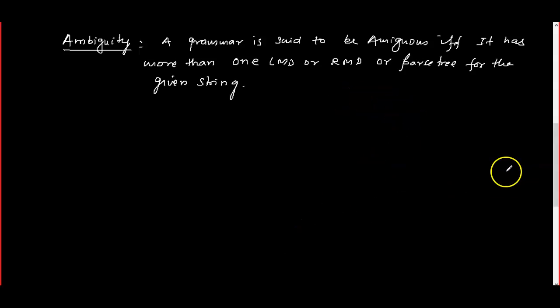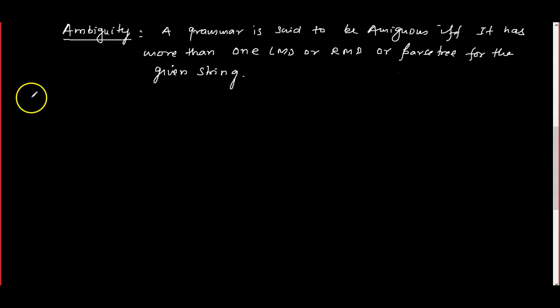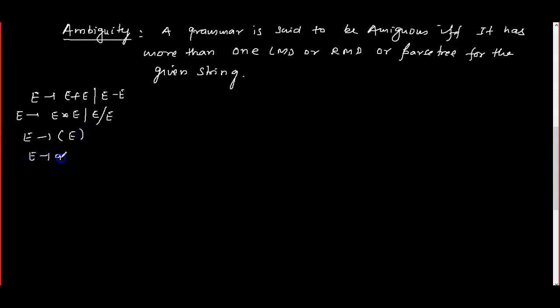Like here, the question was E is equal to E plus E, E minus E, E star E and E divide E, and E is open bracket E and close bracket, E is A or B or C. So we need to derive A plus B star C, that is, A plus open bracket B into C. So we have done it in the LMD, right?